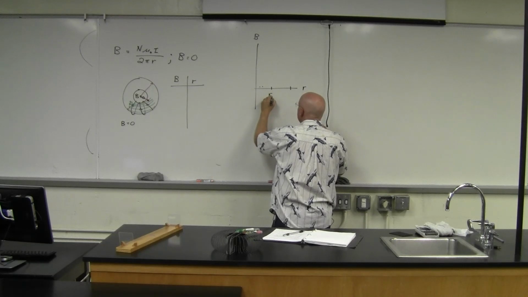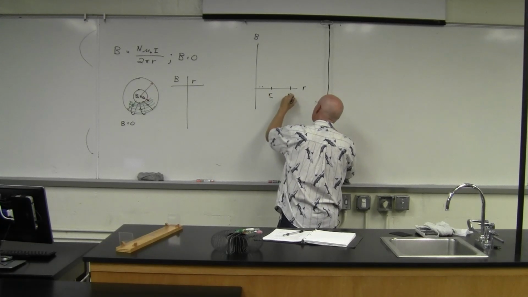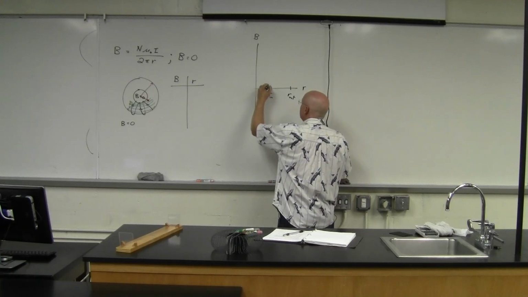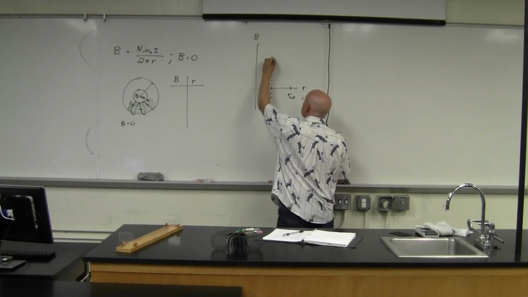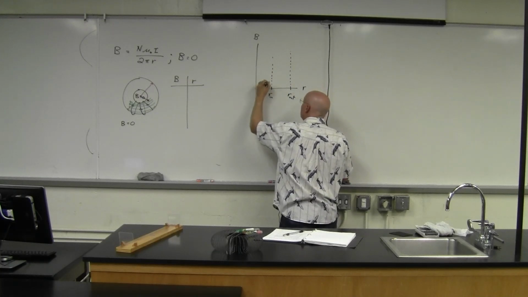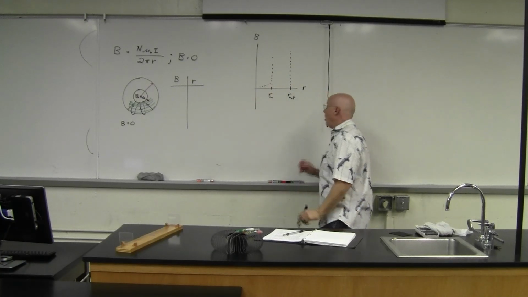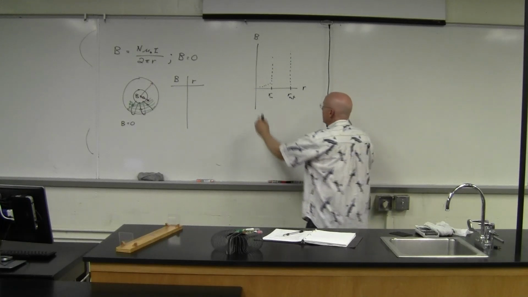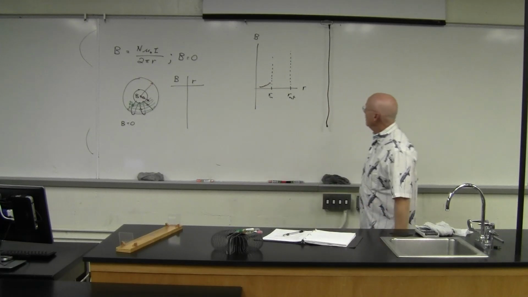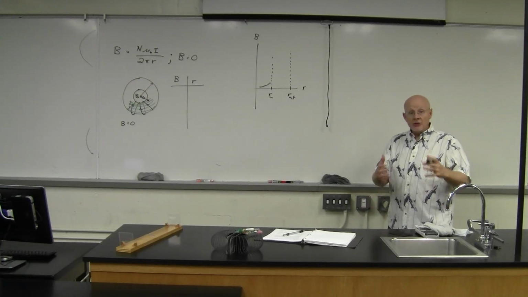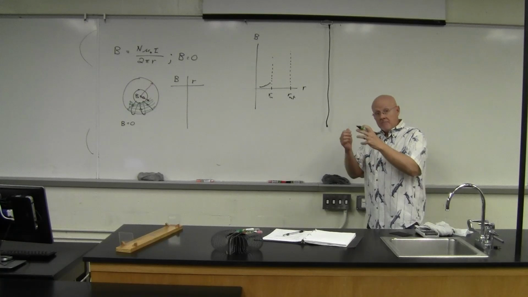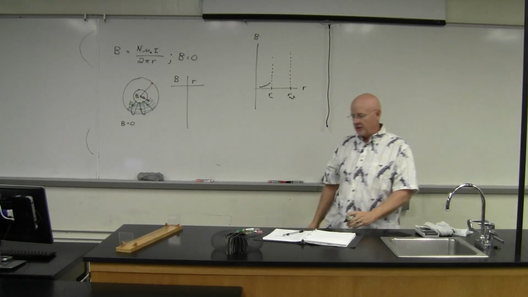If we take an inner radius and an outer radius, our first couple of measurements will probably be pretty small, and maybe not exactly zero, but hopefully something close to that, so we can get a feel for what we're trying to say here, is that the magnetic field inside the donut hole is zero.